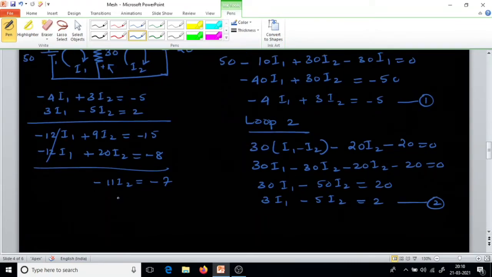So I2 equals 11 upon 7. What do we get? Let me check once for any mistakes.